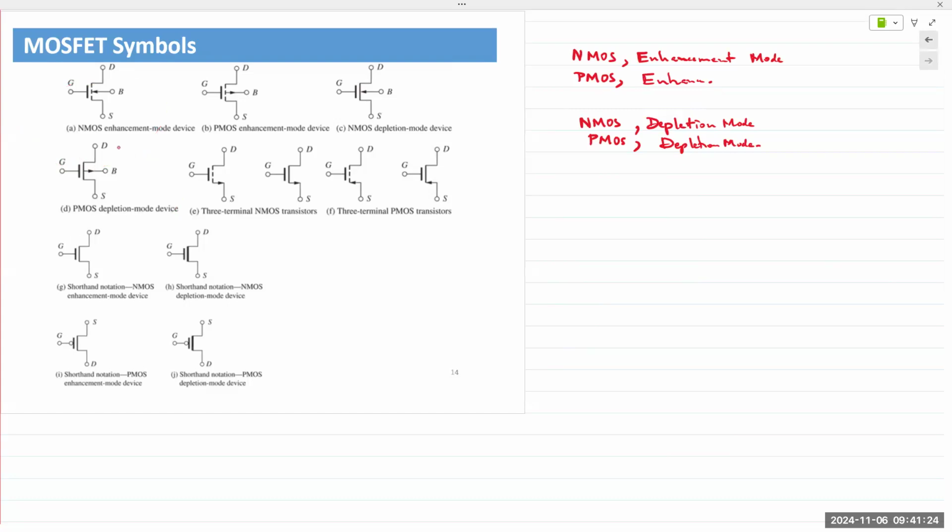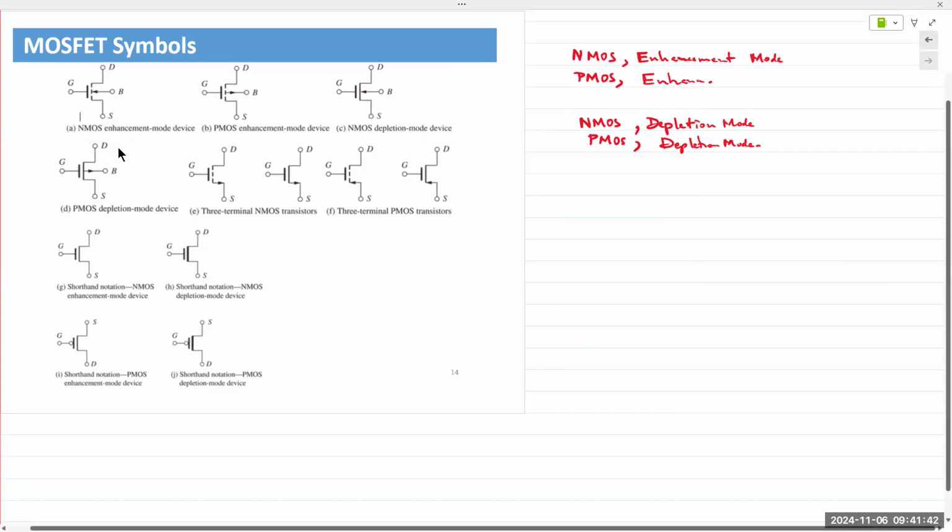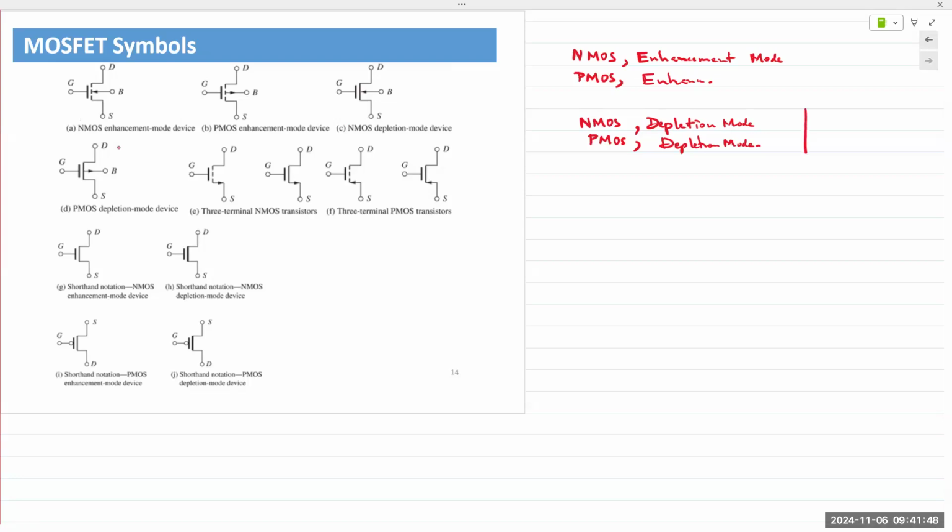Okay, so here is enhancement mode N channel, and here it's depletion mode N channel. Arrows are pointing in. Now, enhancement mode versus depletion mode depends on whether the gate is indicated by a straight single line versus 3 lines or 3 dashes.